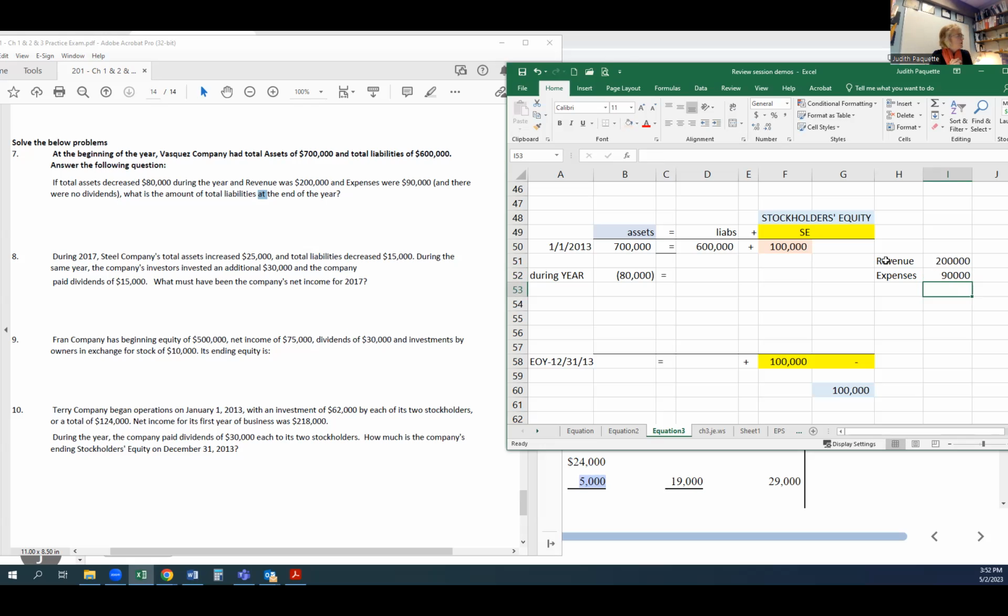What is the amount of total liabilities at the end of the year? This is the question we're asking: tell us what total liabilities are at the end of year, EOY. Can you guys tell me what the ending balance for assets is?